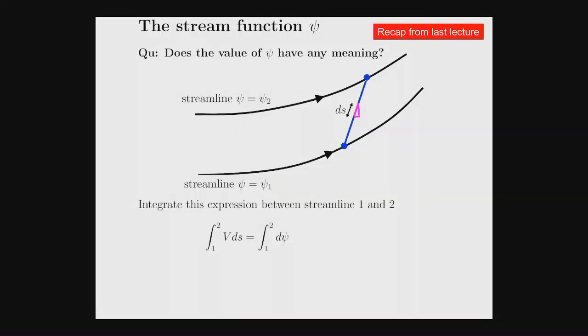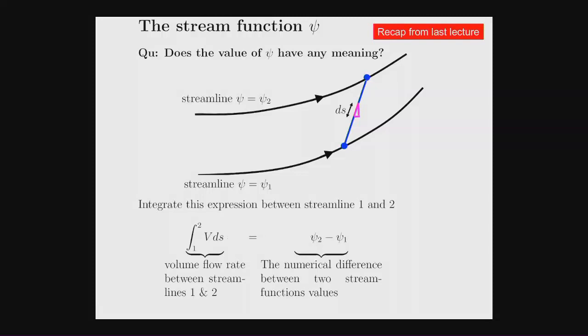Now, as I integrate my equation between streamline 1 and streamline 2, the integral of d psi is just going to be psi 2 minus psi 1. On the left hand side, that's just going to be the volume flow rate between streamlines 1 and 2. So the difference in the value of psi gives you the volume flow rate.